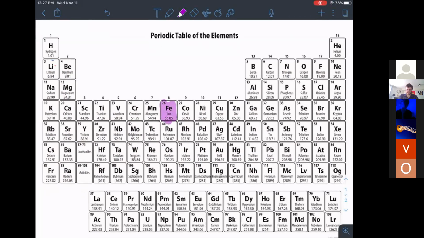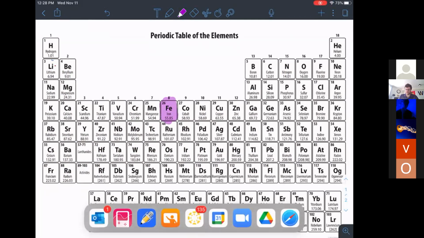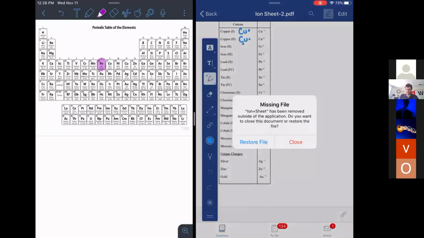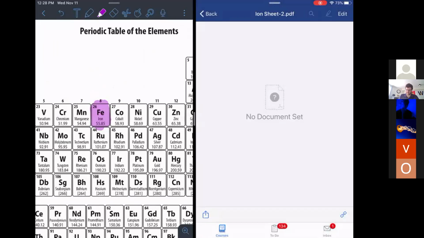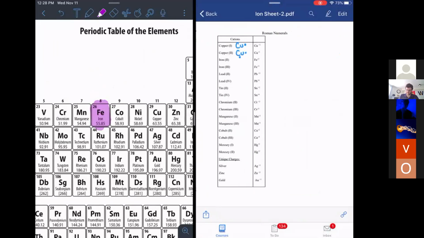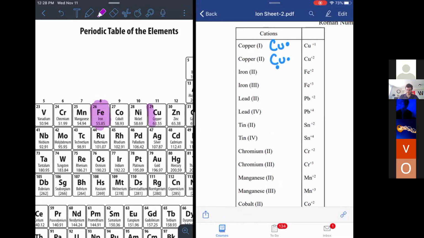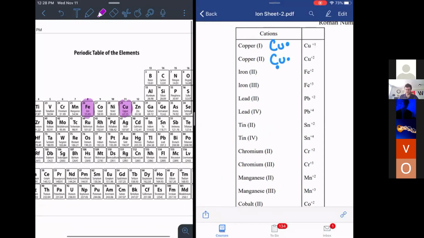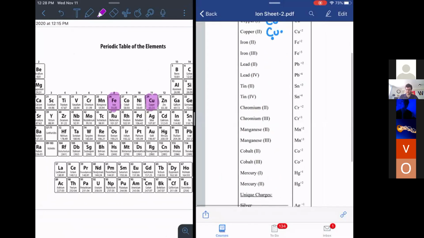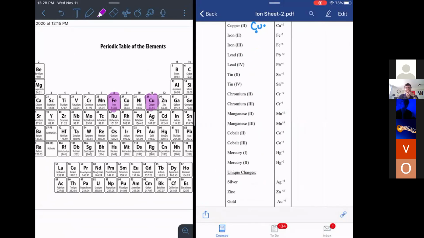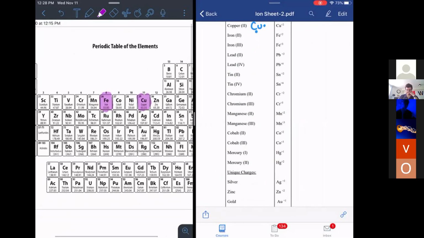Right here, see iron. Any other elements you see? Copper's 11. Let's pull up that list. Copper's right here. Any other ones you see? Lead. Where's lead? Right there. What about any other elements?